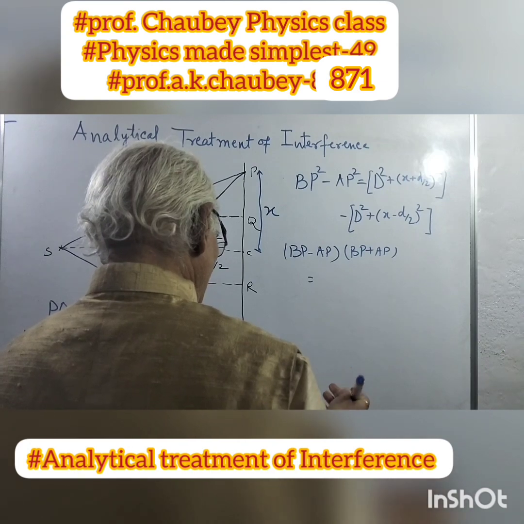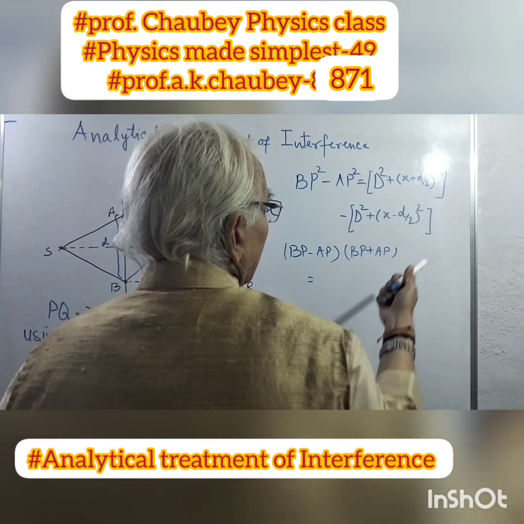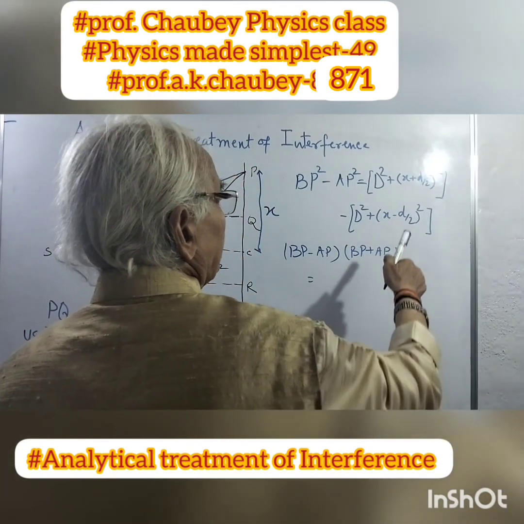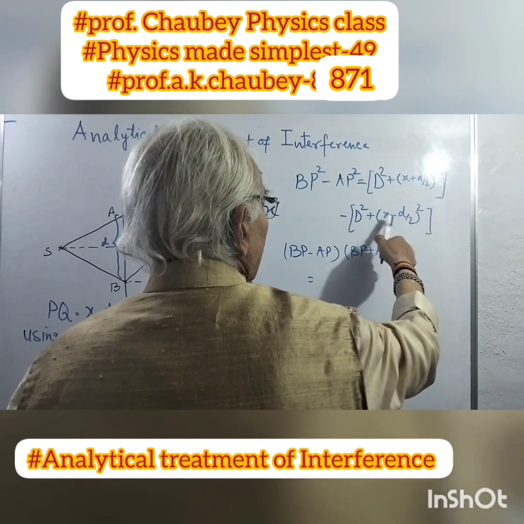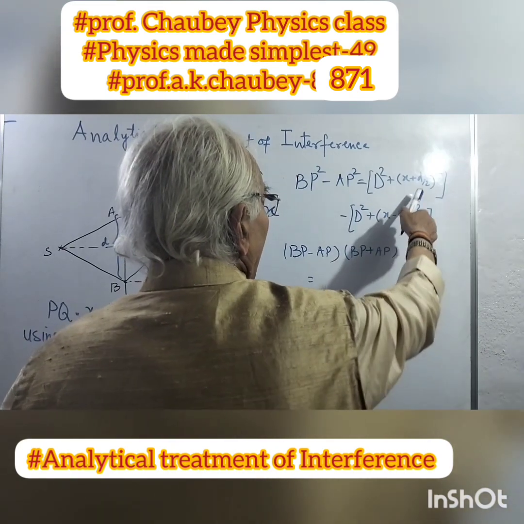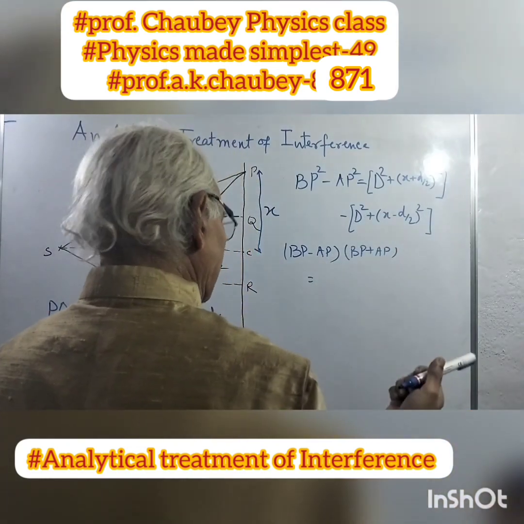This minus x square gets cancelled, and 2xd, xd and xd, minus plus xd, and d square by 4, d square by 4, get cancelled because they are plus and minus.